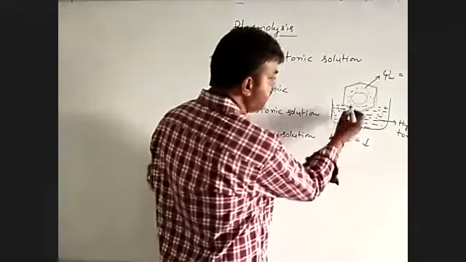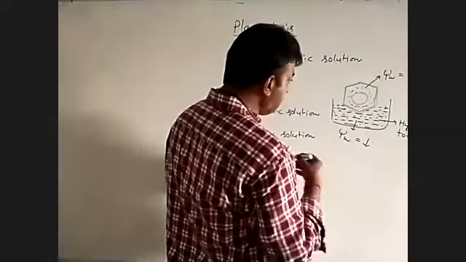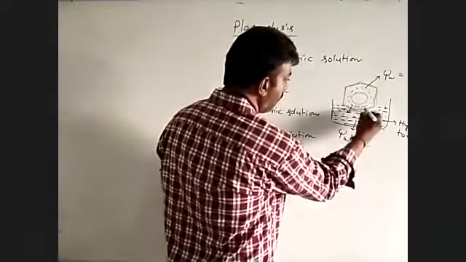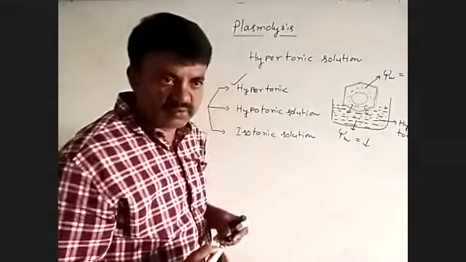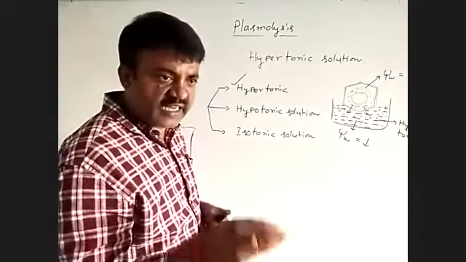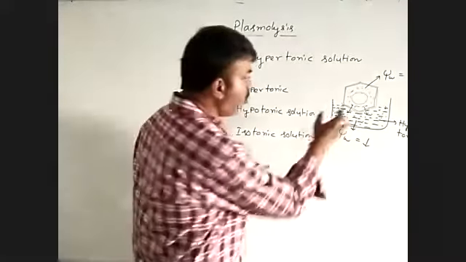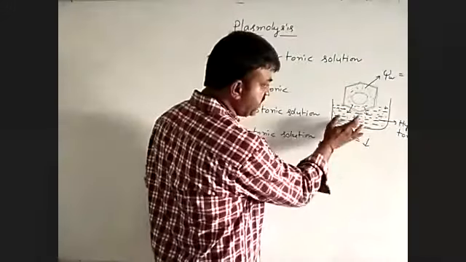Right, cell loses water. So water comes out from the cell to surrounding. So whenever cell is placed in hypertonic solution, water comes out of the cell into the surrounding.